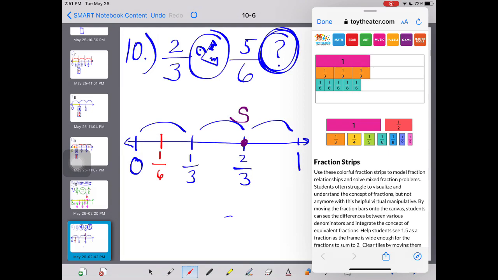And then my next line is going to be where 1/3 is. That's 2/6. And then I'm going to draw a line in between 1/3 and 2/3. And that's 3/6. And then my next line here will be 4/6. And then I'll draw a line between 2/3 and 1. And there's my 5/6.